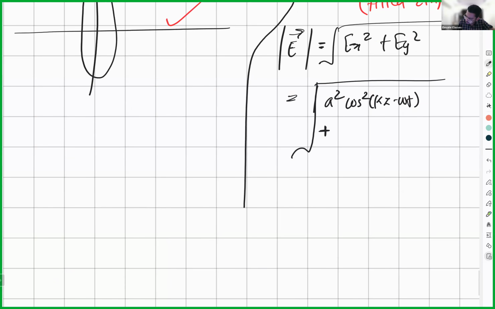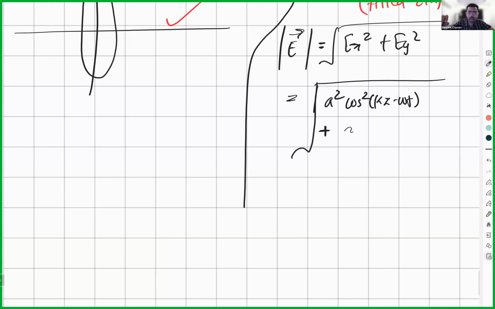So a square cos square of kz minus omega t plus phi, where phi is pi by 4. Now remember, I don't have a sine and cosine now, because sine and cosine have a phase difference of pi by 2. I want a phase difference of pi by 4.